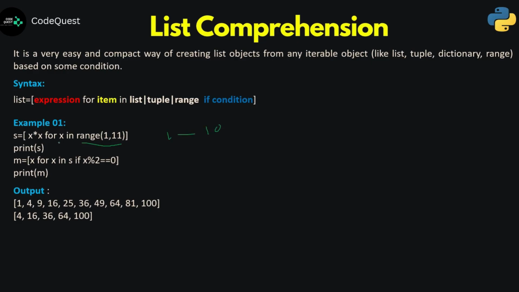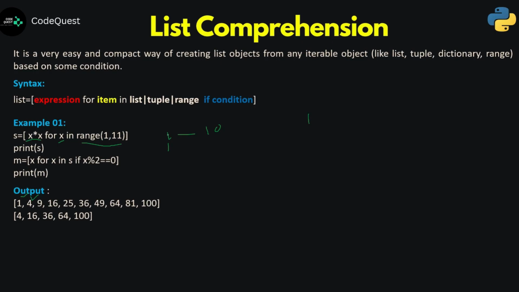Now, this x is going to take up each of the values, that is, x is going to be 1 for the first time. As a result, x into x is going to produce 1, which is added to the list. Next time x becomes 2, so this expression will be 2 into 2, 4, which will be added to the list.